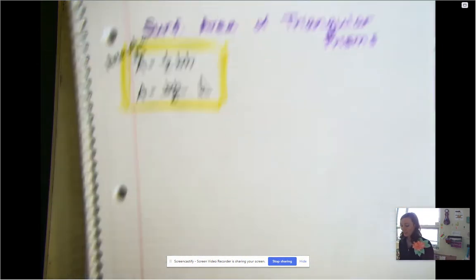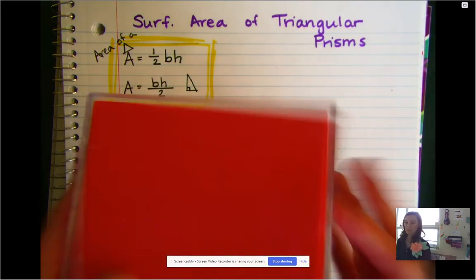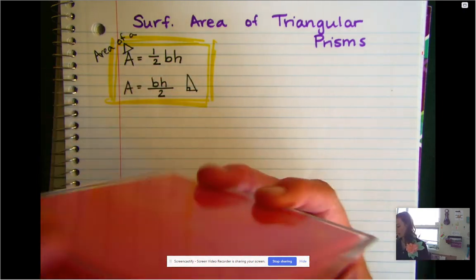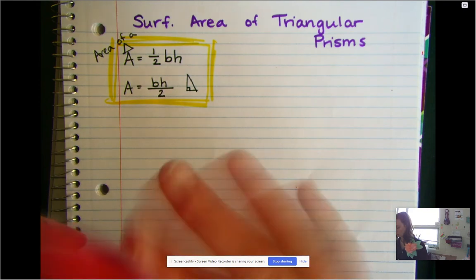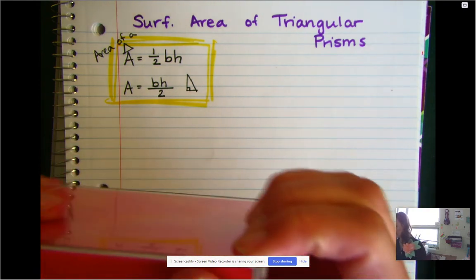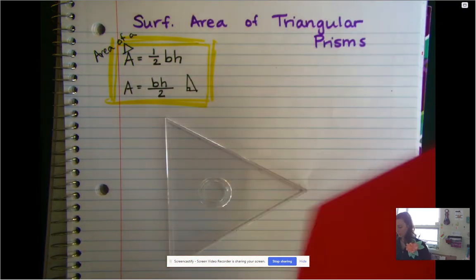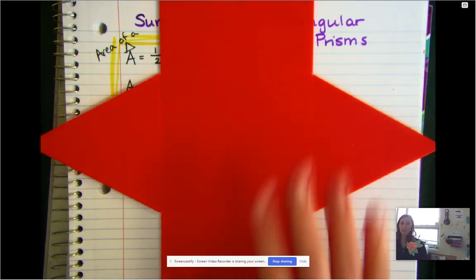Okay, we have the same deal as last time, that we are finding basically all the area that's paintable on a figure. And just like before, we start with the idea of a net.